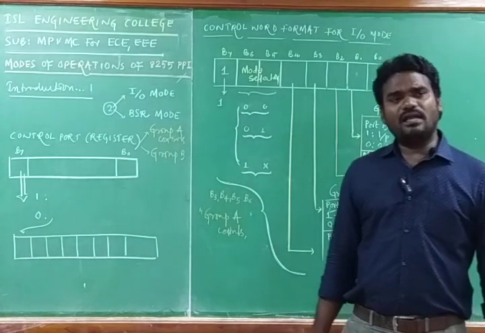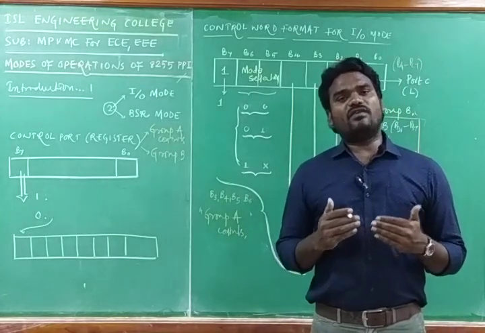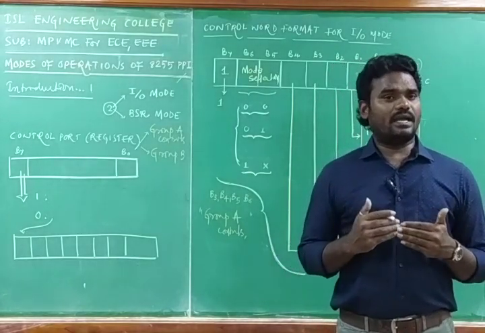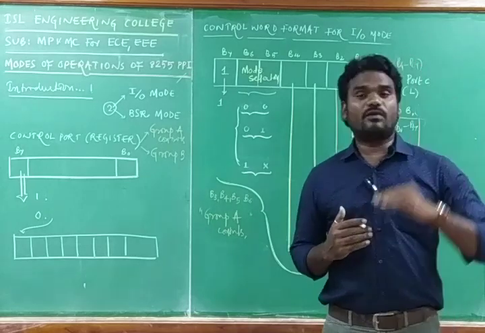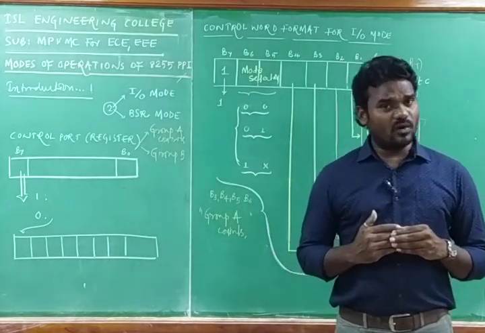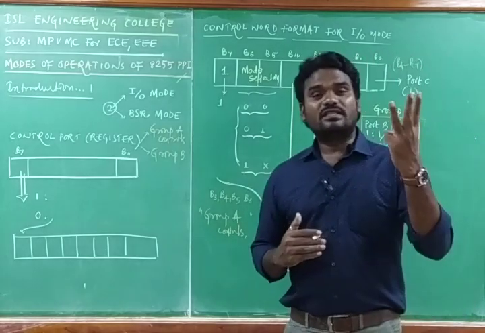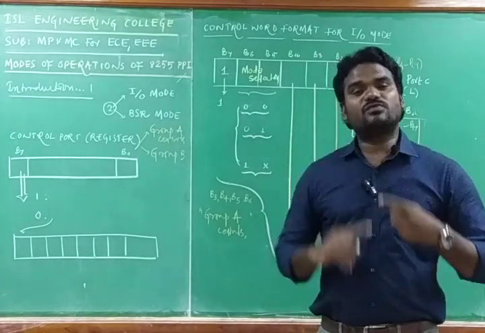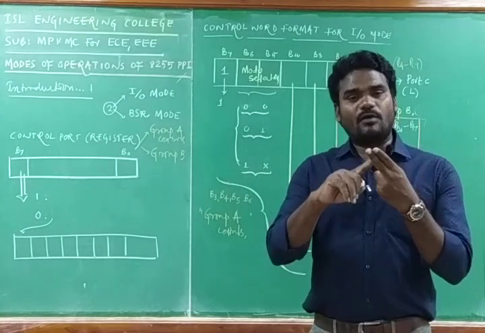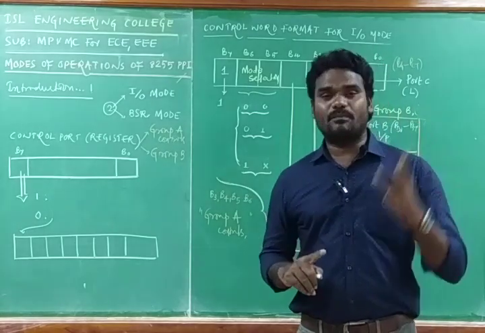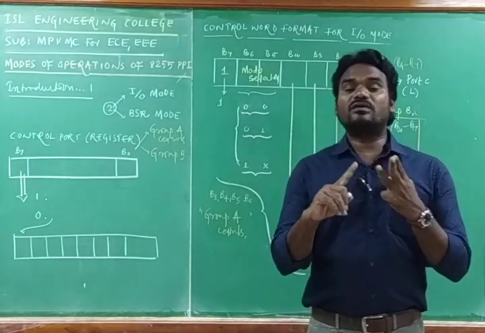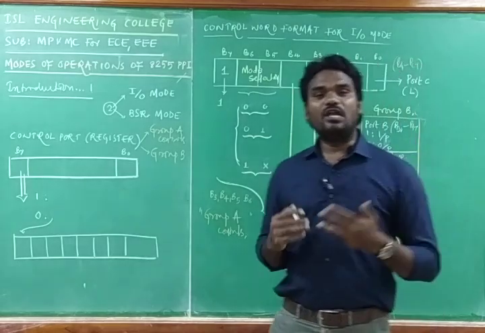And we know that this 8255 PPI is an integrated circuit in which 24 pins serve as input-output ports, and these 24 pins are classified into 3 ports. Port A is with 8 pins, port B is with 8 more pins, and port C is also with 8 more pins.